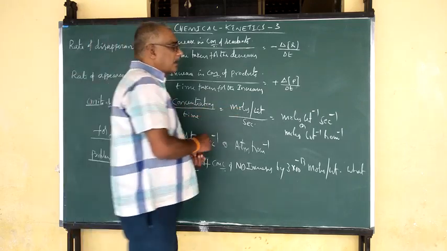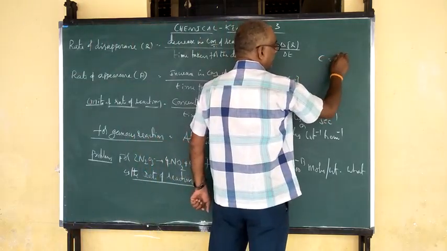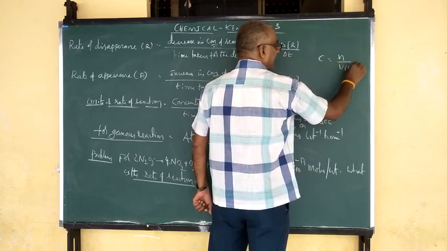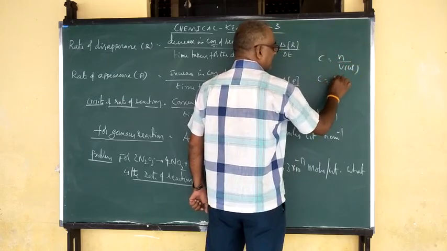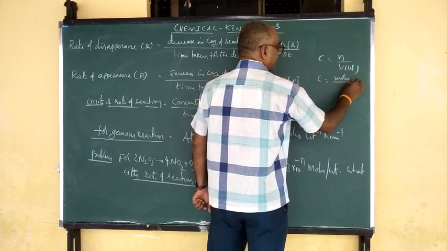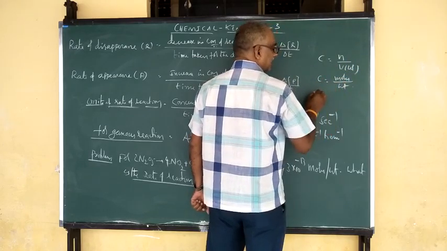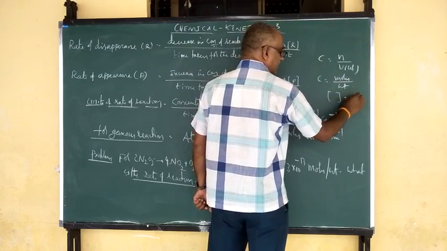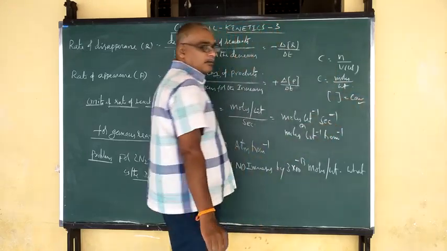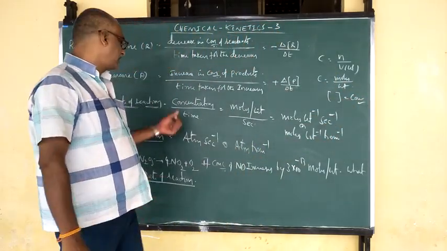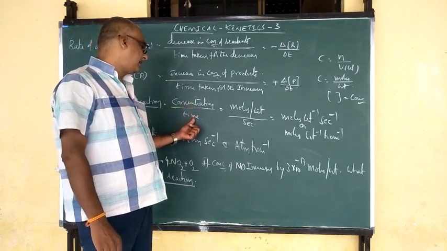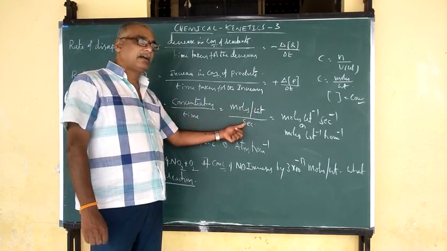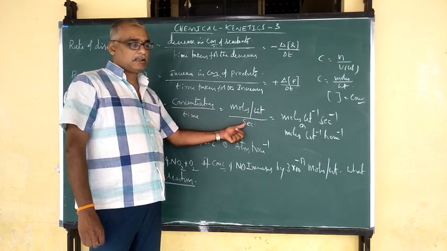Concentration is equal to number of moles divided by volume in liters, so C equals moles divided by liters. Here C means concentration, and the square bracket means concentration. So concentration divided by time is equal to moles per liter divided by seconds.